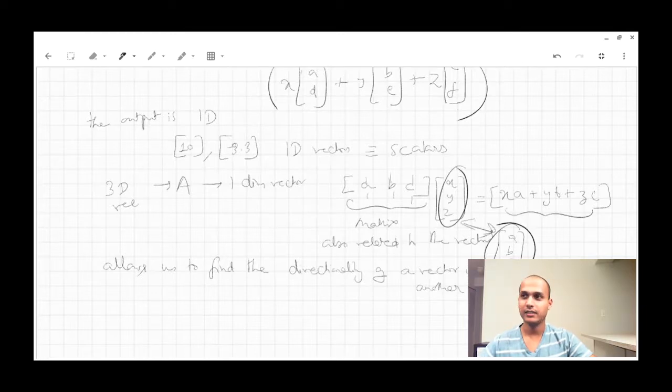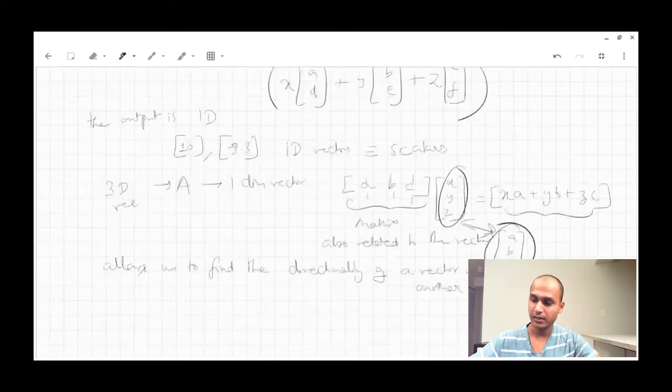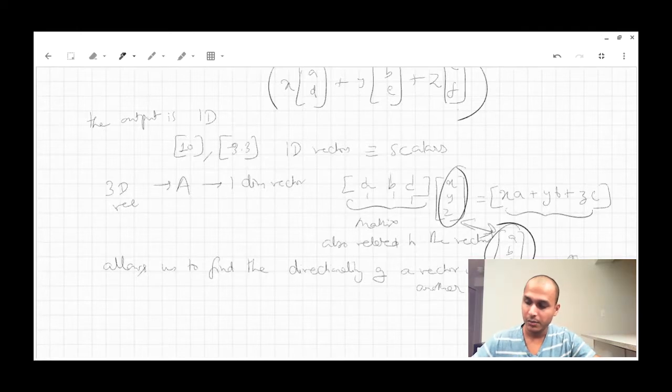In 3 dimensions, say this is the first vector and this is the A, B, and C vector. Dot products let us understand if both these vectors are almost facing in the same direction, or if one is pointing in a very different direction. That's what we can interpret from dot products.